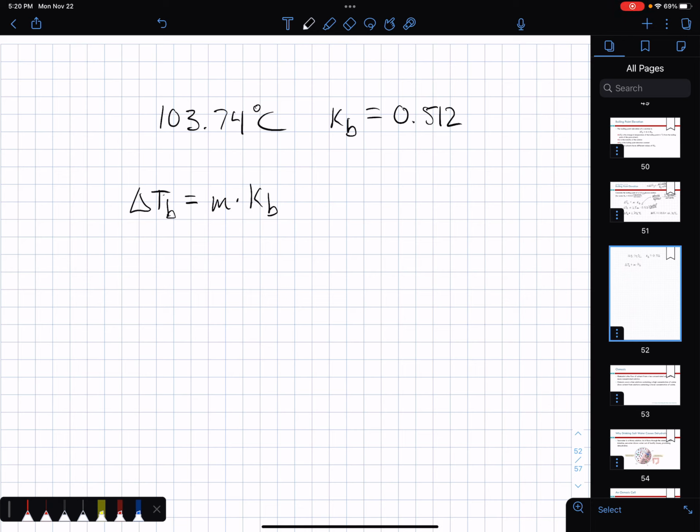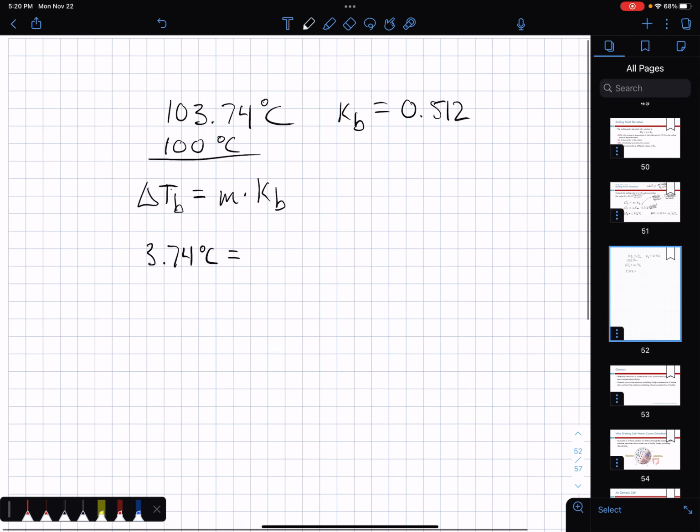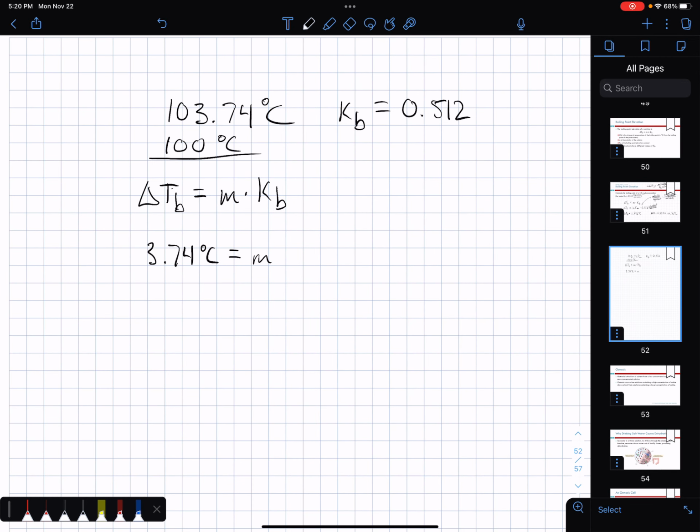The tricky thing about this question is you need to know that the regular boiling point of water is 100 degrees C. So you would say, okay, if the normal boiling point is 100 degrees C, then our delta T is not 103.74, but it's 3.74 degrees C equals m, which we don't know, times our Kb, which is 0.512. So we just have to know to add or subtract that 100.